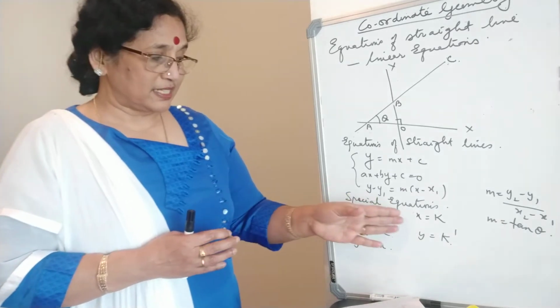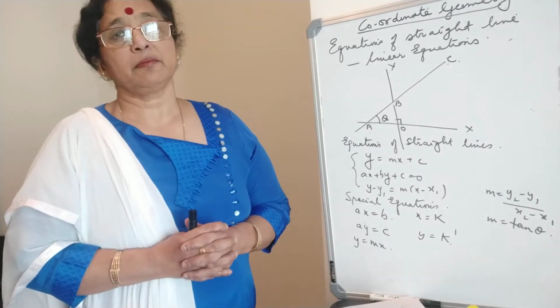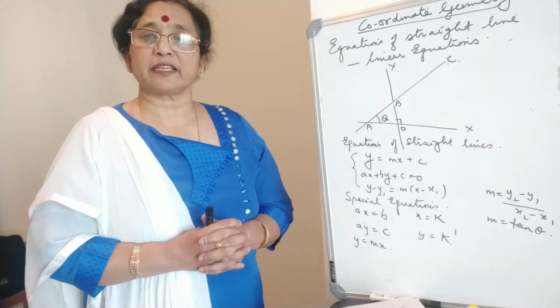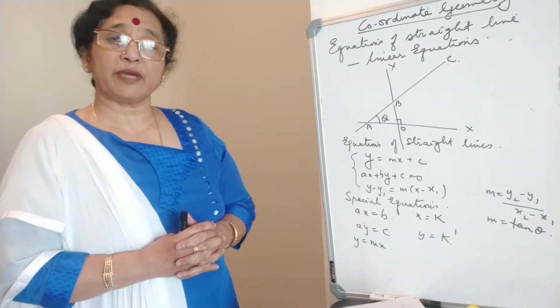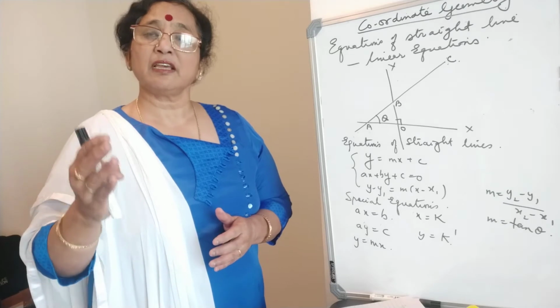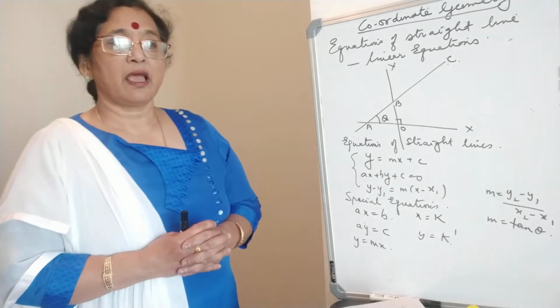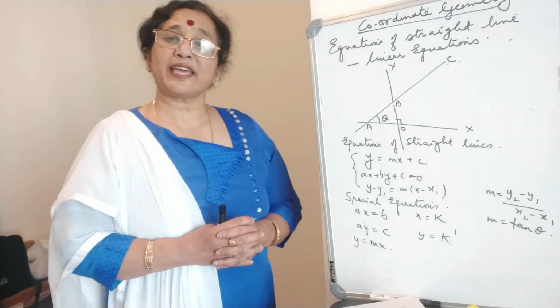So the one which has only x in it and a constant is a line that is parallel to the y-axis or perpendicular to the x-axis. x equals 2 is a line parallel to the y-axis, perpendicular to the x-axis. And you have another equation where there is no x.